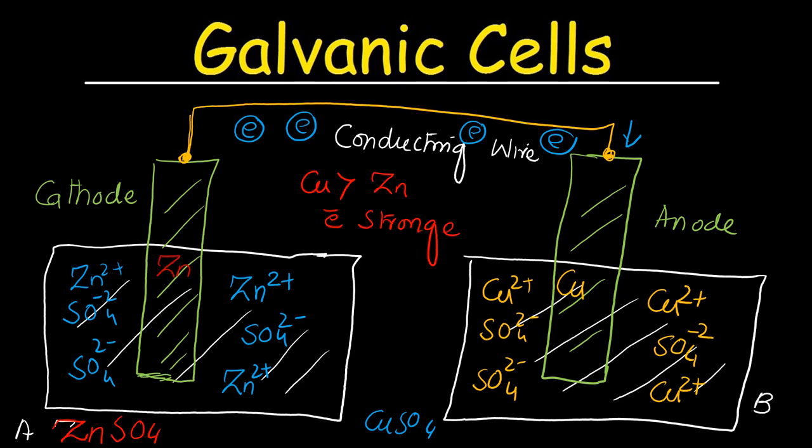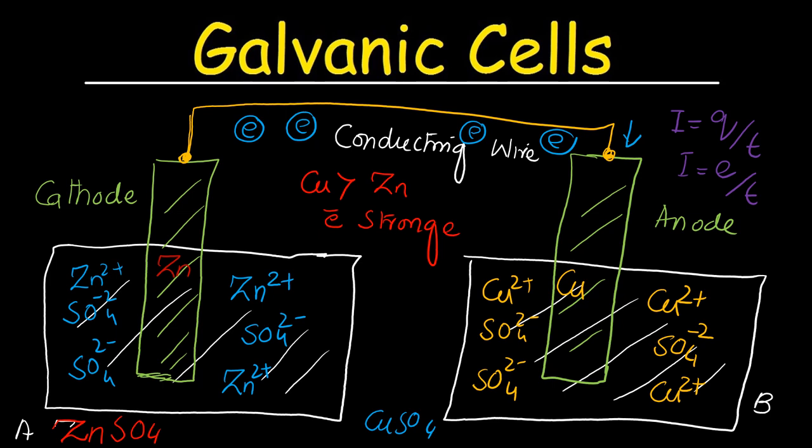And due to the flow of the electrons, as you know, current is basically the flow of charges per unit time. Since the charges here are electrons, it will be a flow of electrons per unit time.